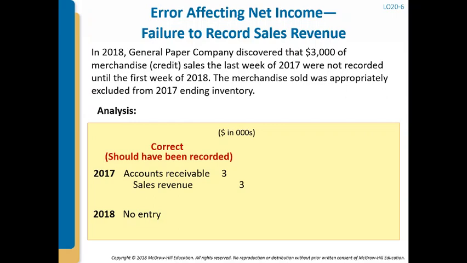Here you have a situation where $3,000 of merchandise were sold in the last week of 2017 and wasn't recorded until the first week of 2018, and thus the merchandise sold was excluded from 2017 ending inventory.